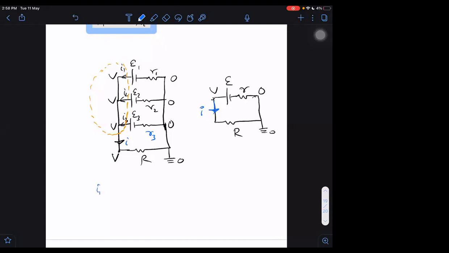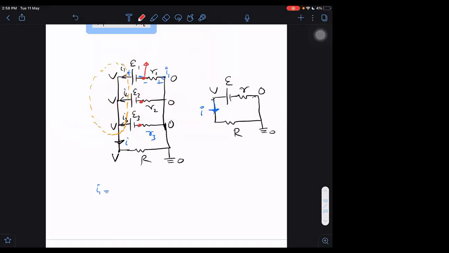What is I1? Can you tell me what is I1? I1 is E1 by R1, because current is entering from plus to minus, and in a battery we already know the bigger one is positive, smaller one negative. What is the potential at this red dot here?